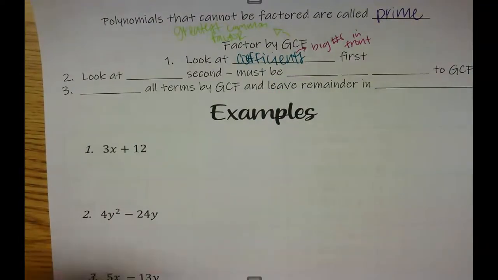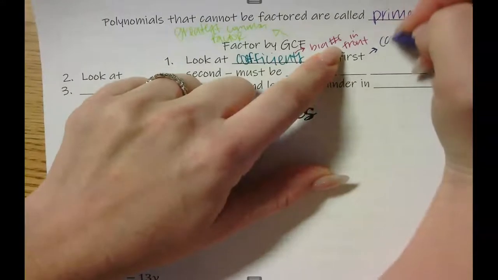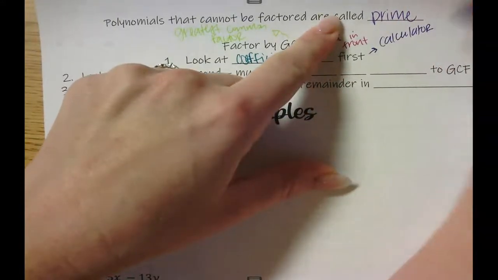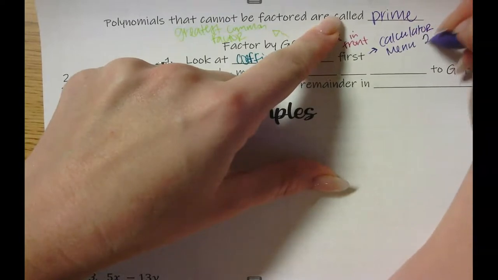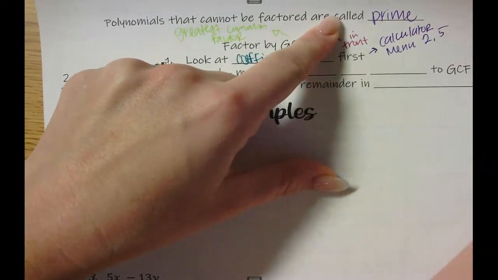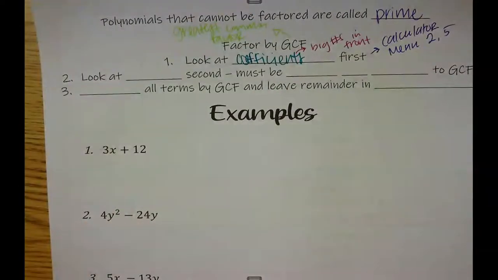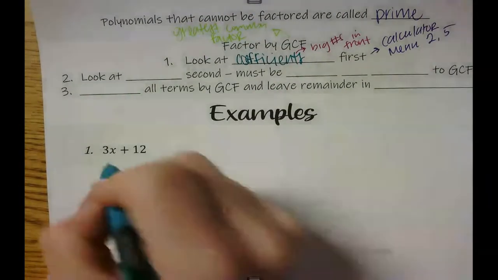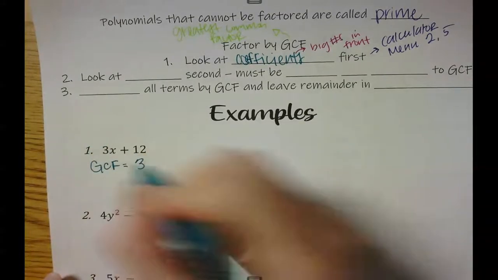So if I'm using the calculator, in your calculator menu, 2, 5, that will give you the greatest common factor. So we just found out the greatest common factor between 3 and 12 is 3.